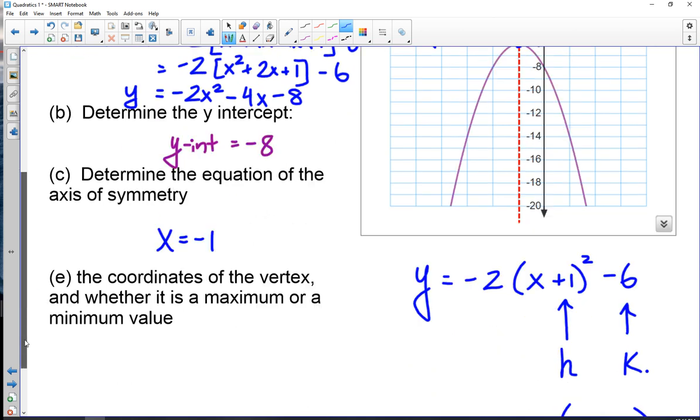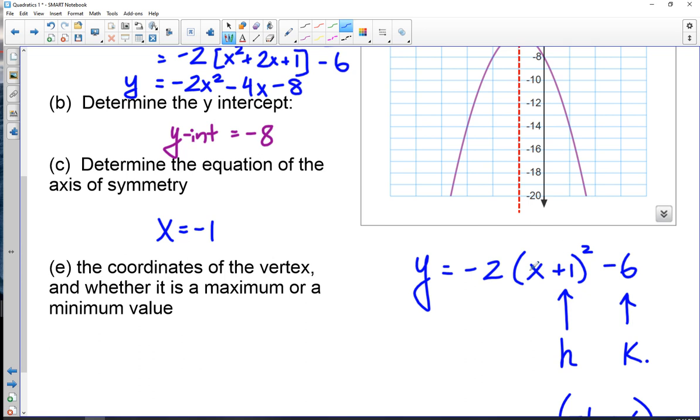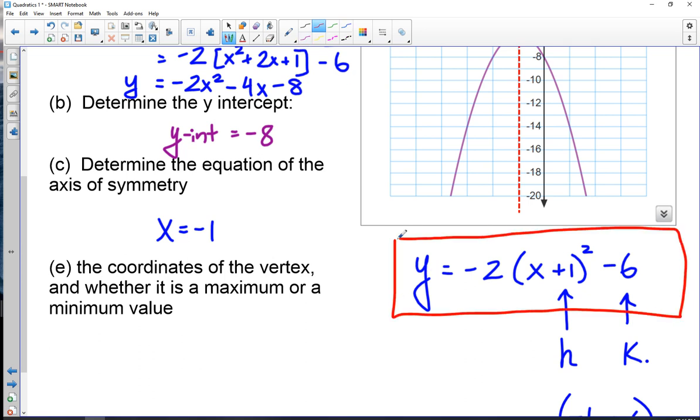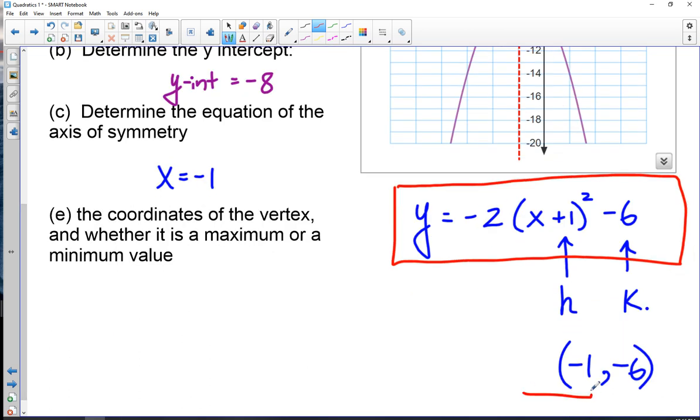And so we could have also gotten the axis of symmetry just by looking at this equation right here without the need to graph it, because vertex form gives us the vertex. And so if we have the vertex, we also have the axis of symmetry. So this axis of symmetry would be x is equal to -1.